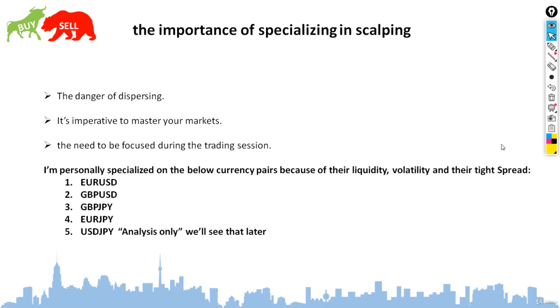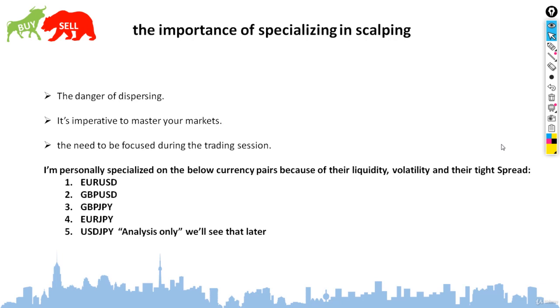When you choose a certain number of currency pairs, like me, I'm just analyzing 5 currency pairs, you will master those markets, so it's easy for you to understand them, when you trade or when you have to stay away and wait.